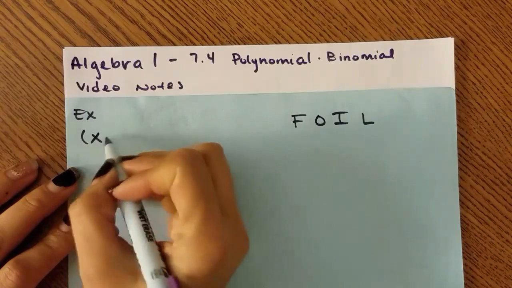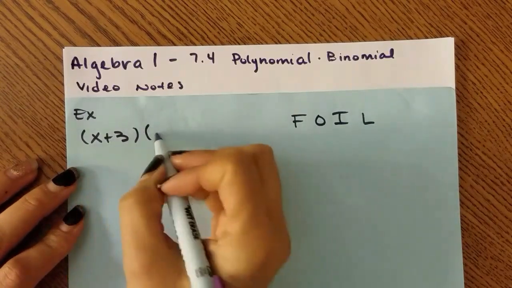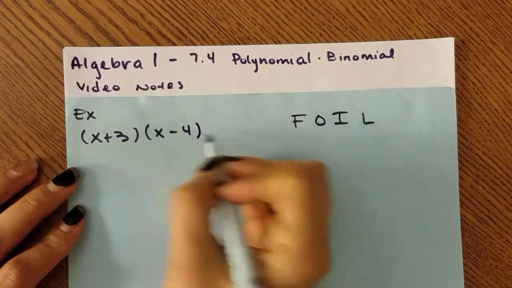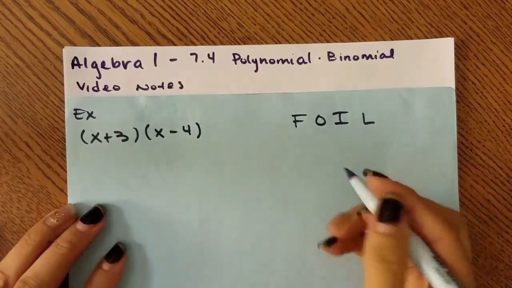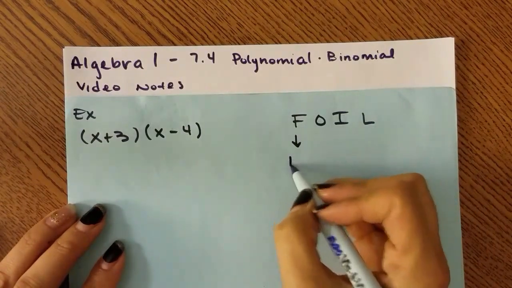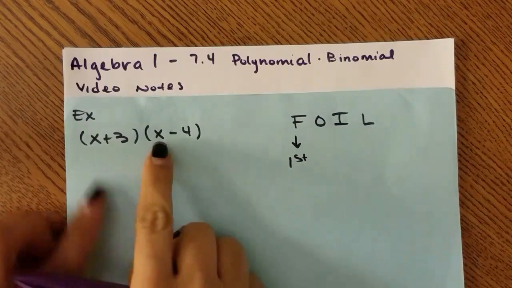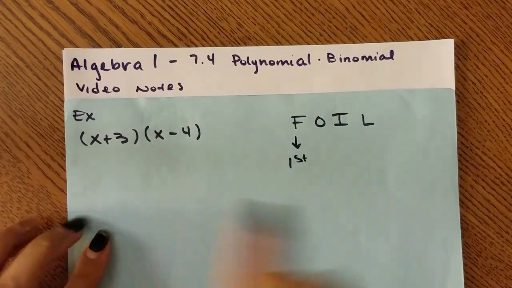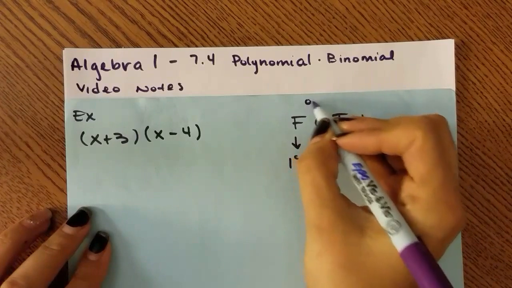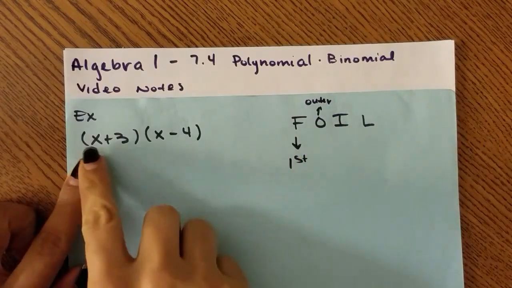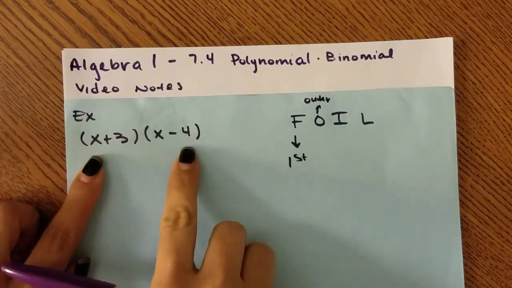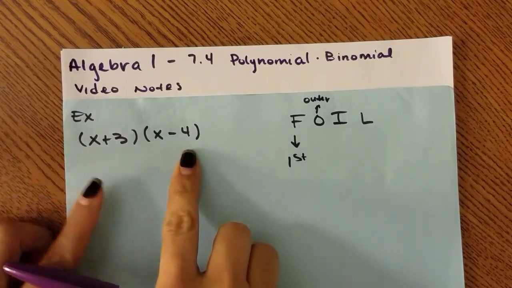So say you have something like x plus 3 times x minus 4. There's a process or an order in which you have to go about multiplying this. The F stands for first, so we would multiply the two first terms. The O stands for outer, which means you would multiply the x and the negative 4, so the two outside terms.